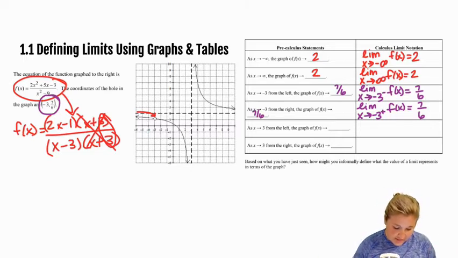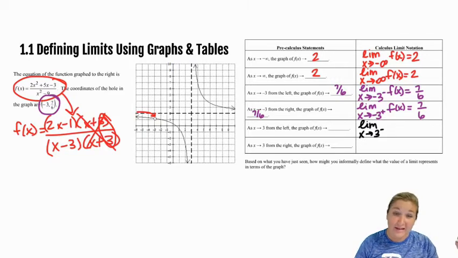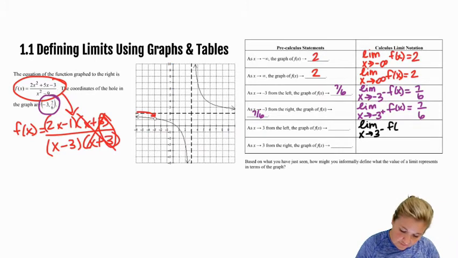Then as x approaches positive 3 from the left, we would write that as the limit as x approaches positive 3 from the left. We still write a negative sign up there of f of x. From the left is going to be negative infinity. And then from the right, the limit as x approaches 3 from the right of f of x is going to be equal to positive infinity.